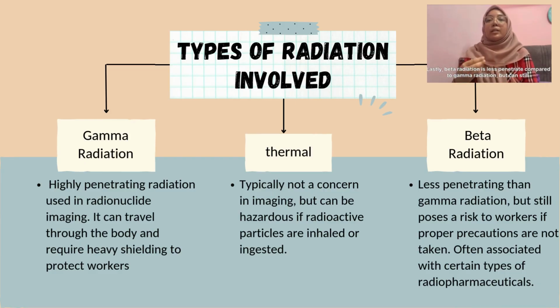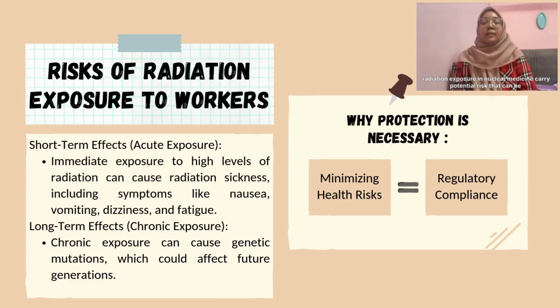Lastly, beta radiation is less penetrating compared to gamma radiation but can still pose a hazard, especially during handling of certain radiopharmaceuticals. Without proper protection, beta emitters can cause localized tissue damage. Understanding the characteristics of each radiation type is essential for implementing appropriate protective strategies in the workplace.